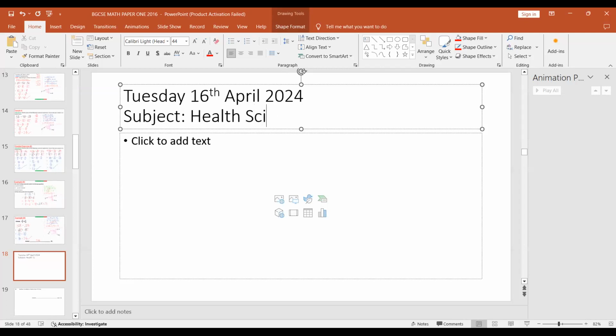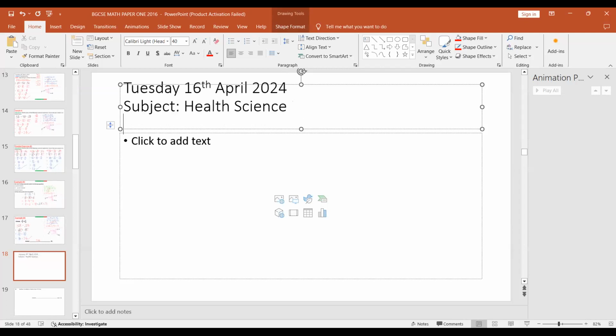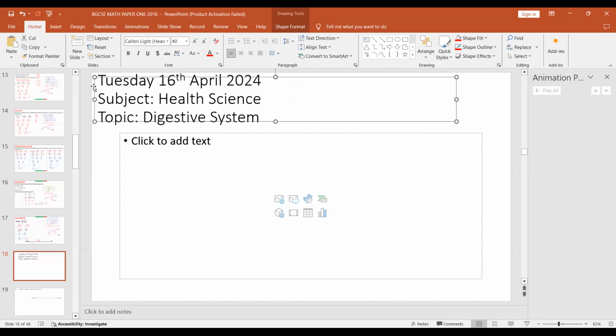And we're going to be looking at a familiar system to you all. I hope it's familiar. We use it every day. The digestive system, yes. How many persons are familiar with the digestive system? You should be.